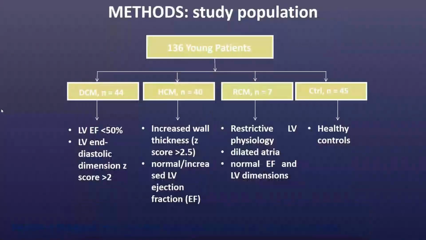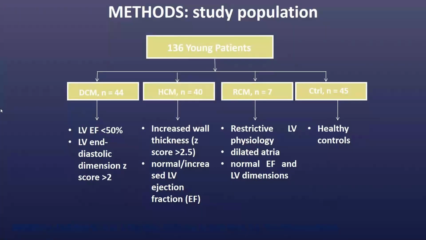Similarly, we performed a study in 136 young patients, 44 with dilated cardiomyopathy. All of them were below 18 years of age. 40 were hypertrophic cardiomyopathy patients, 7 with restrictive cardiomyopathy, and 45 controls.